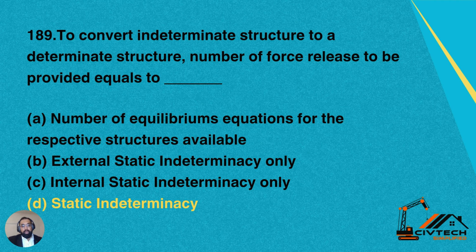189. To convert an indeterminate structure to a determinate structure, the number of force releases to be provided equals: option A, number of equilibrium equations for respective structures available; option B, external static indeterminacy only; option C, internal static indeterminacy only; option D, static indeterminacy.